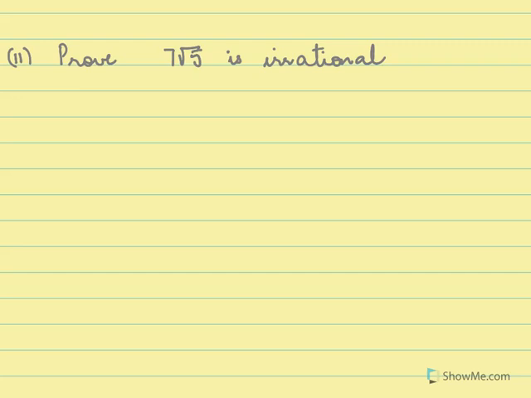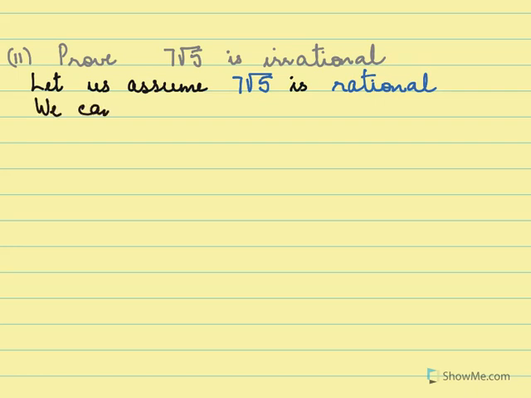Next, we need to prove that 7 root 5 is irrational. Let's assume the contrary. Let us assume that 7 under root 5 is rational. And if it is rational, we can write 7 under root 5 as a over b.